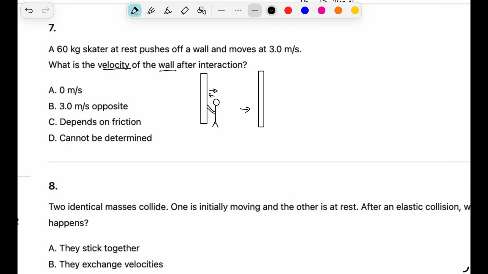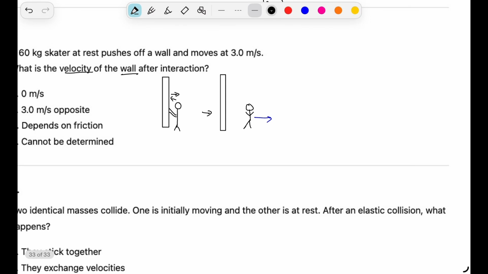So then the wall pushes back with a force, so then she's going to move in this direction.